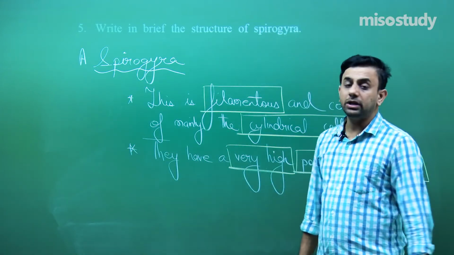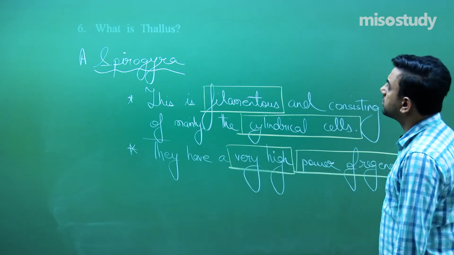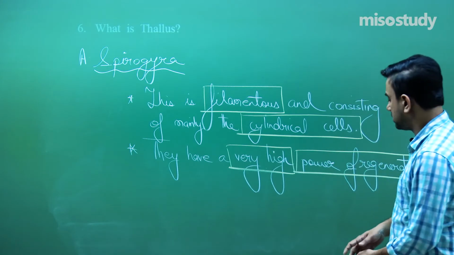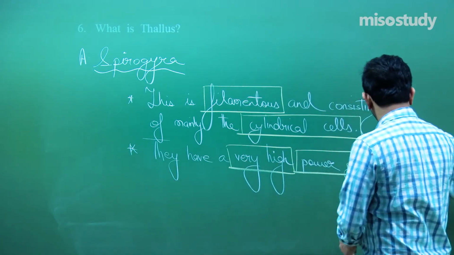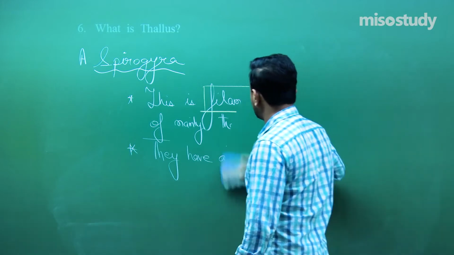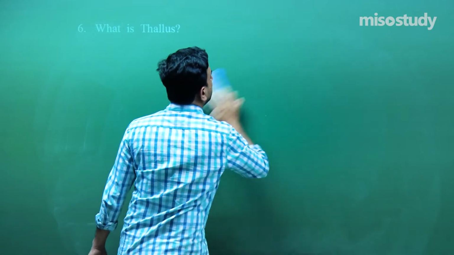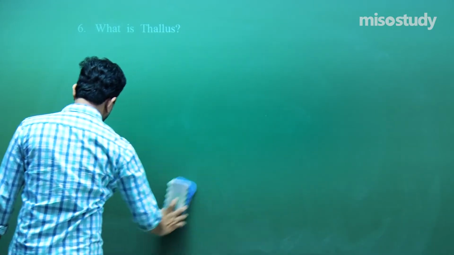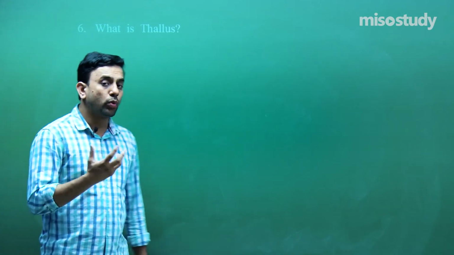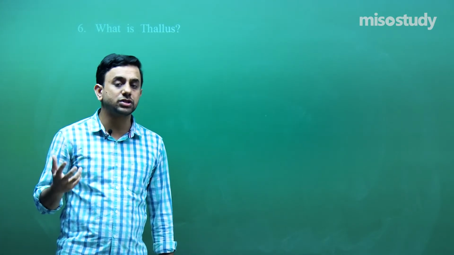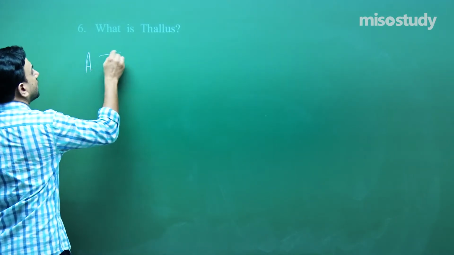Now, we will move on to the next question. What is a thallus? The thallus is a body, which the thallophytes have, where the body is not differentiated into structures like the root, the stem and the leaves.